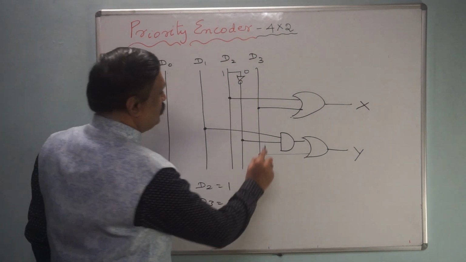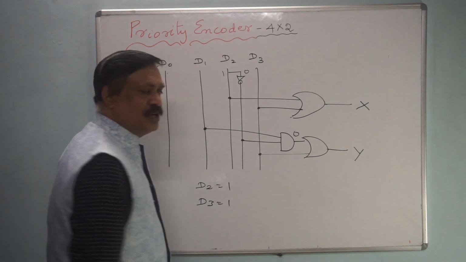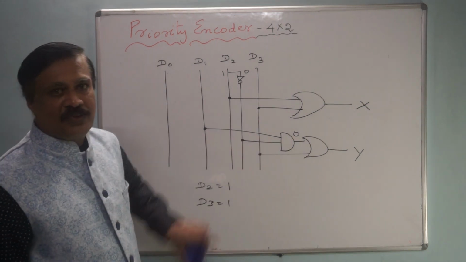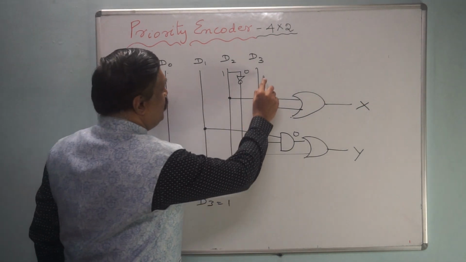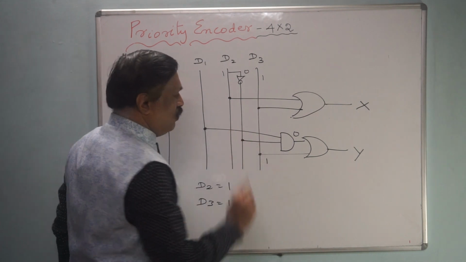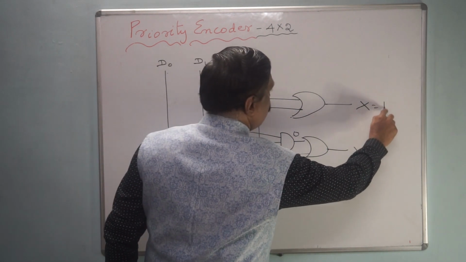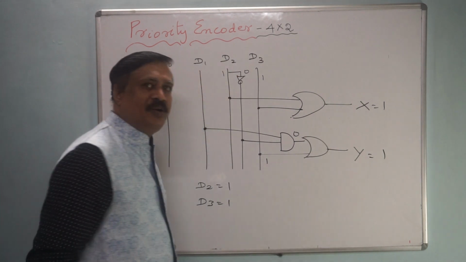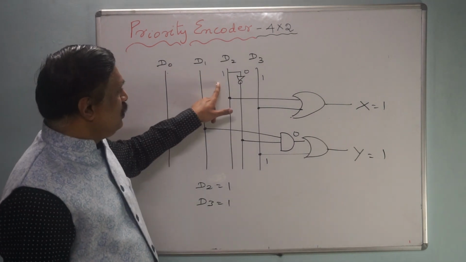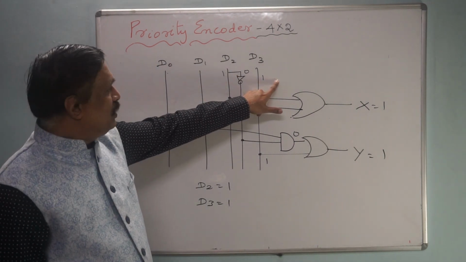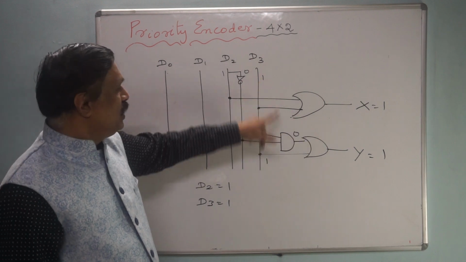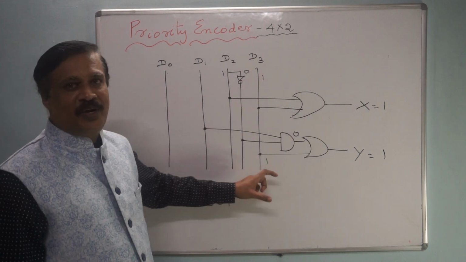That means this AND gate will be 0. And here D3 1 and D3 1, that means here it will generate 1, here it will generate 1. D2 also 1, D3 also 1, but the output is for only D3. This is the priority encoder.